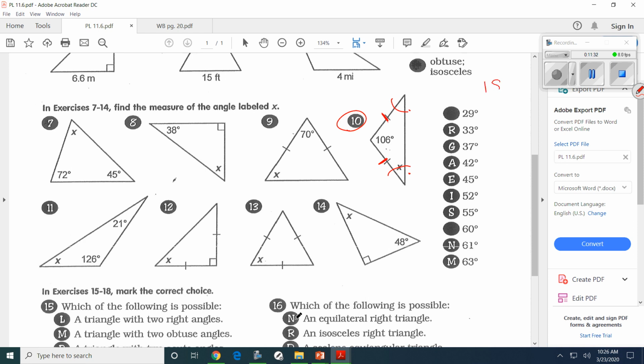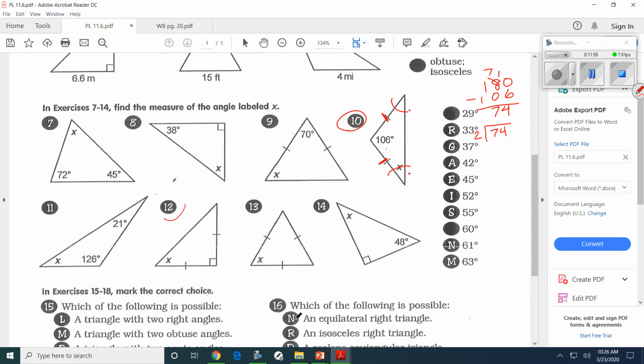So if we take 180 degrees and we subtract the 106 degrees to find out how many degrees would be left, that would be 74 degrees left divided equally among 2. So we just take the 74 degrees and we divide it by 2 to get our answer. There's several in here that are similar like that.